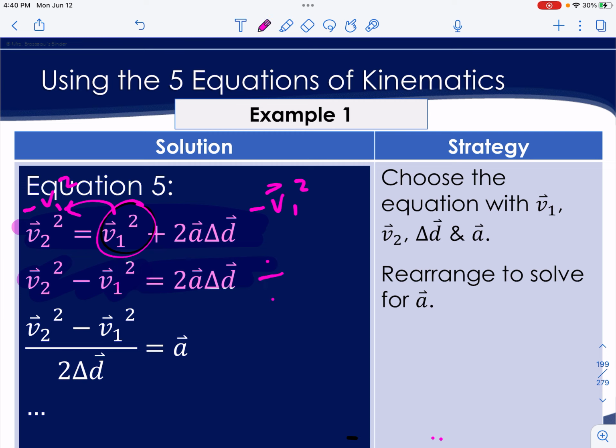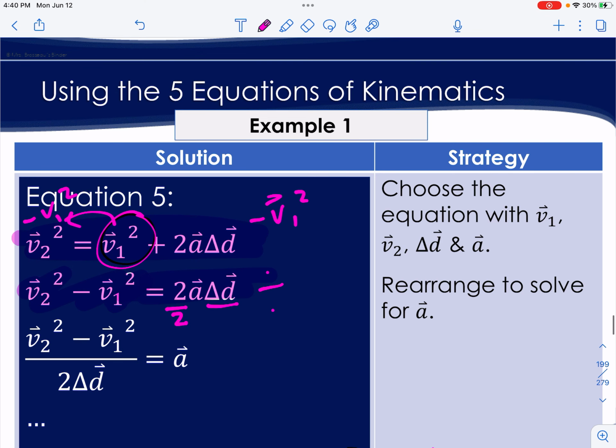So now we need to divide both sides by 2, and we also need to divide by delta D. So we can divide both sides by 2 delta D. And what you end up getting is a little bit messy: V2 squared minus V1 squared, divided by 2 delta D. And that equals our acceleration.